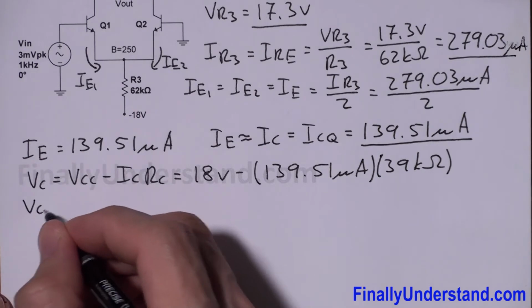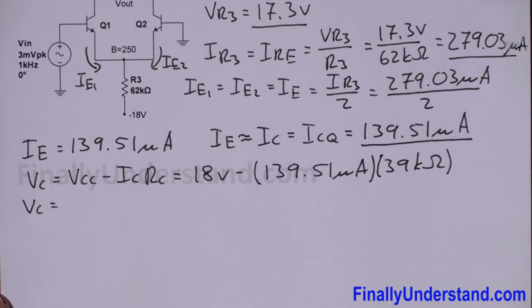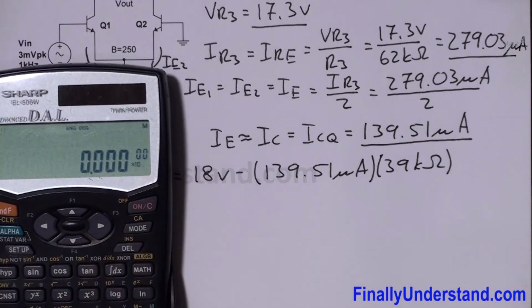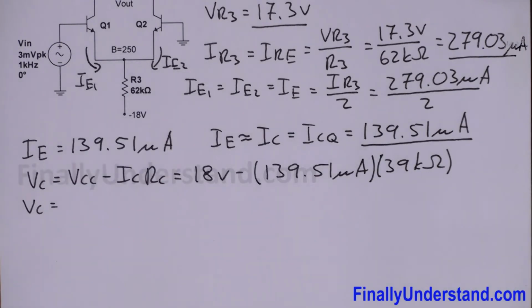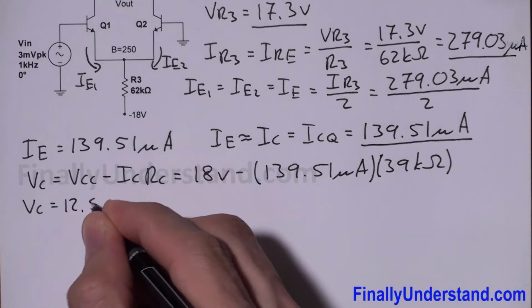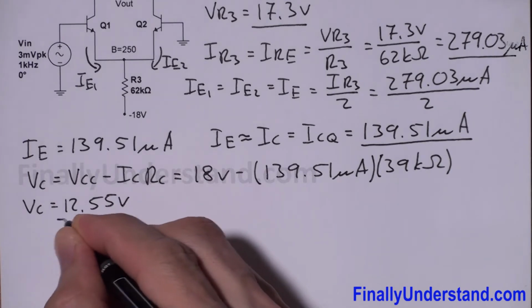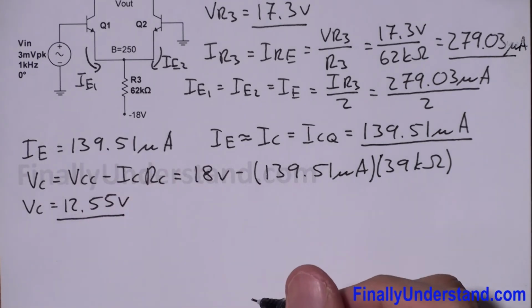So VC is equal to 18 minus 139.51 exponent 6 negative times 39 exponent 3, which equals 12.55 volts. This is my VC.